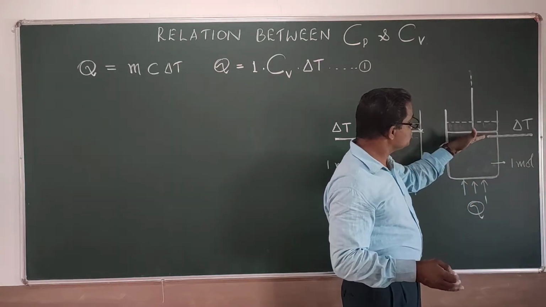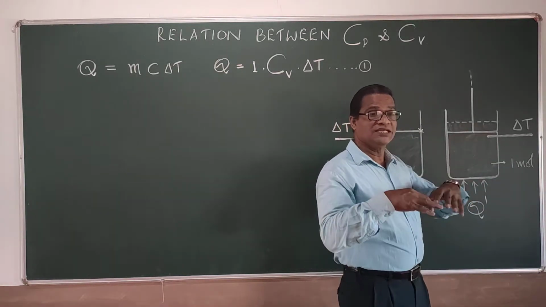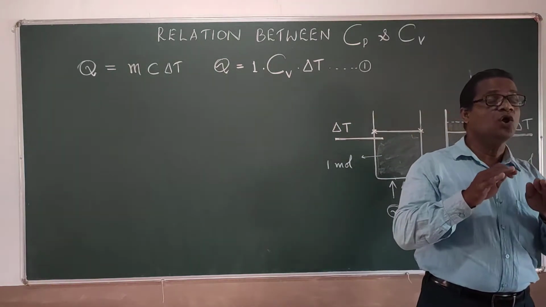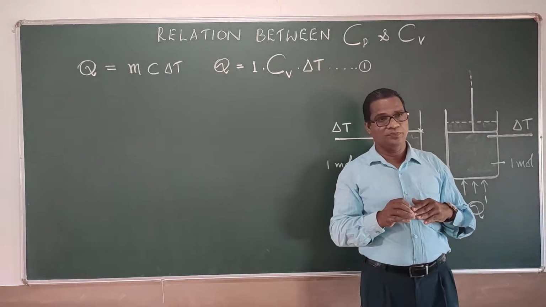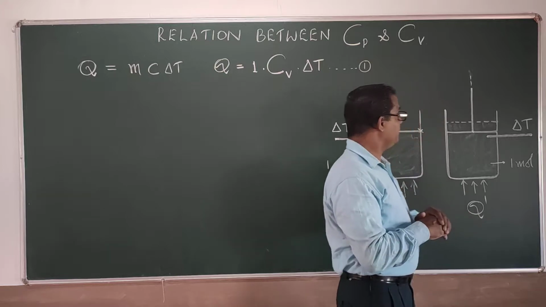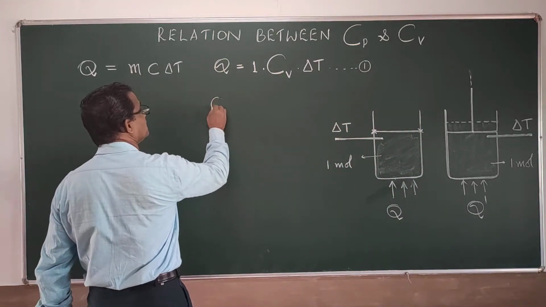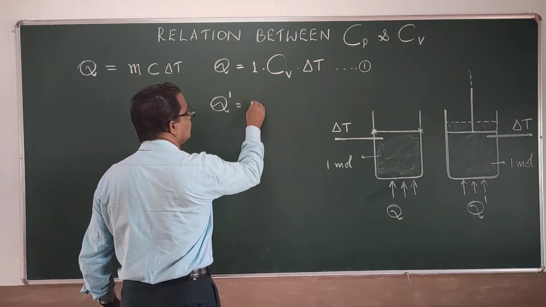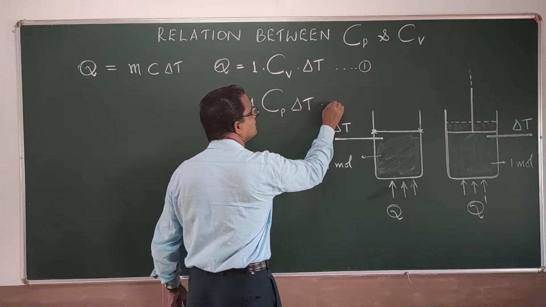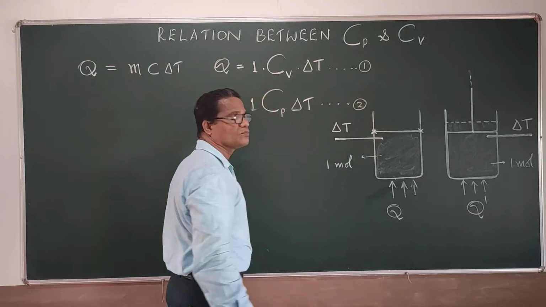The piston is allowed to move, therefore the expansion takes place, and due to that the pressure of the gas remains constant throughout. So here I have given a heat energy Q prime. That Q prime can be written as 1 into Cp into delta T, equation 2.